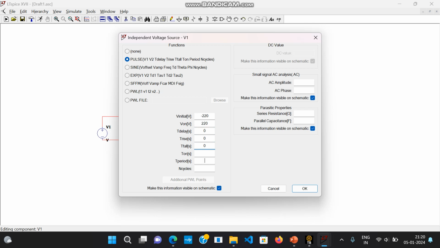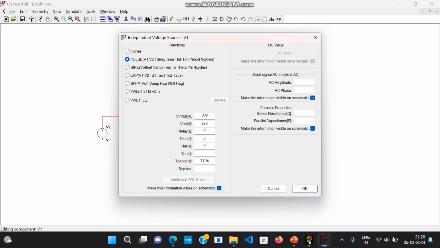Let's move first to the time period. The time period is defined as the reciprocal of the frequency. We know that the frequency is 85 kilohertz. So take your calculator and calculate 1 by 85,000, which equals 11.7 microseconds.